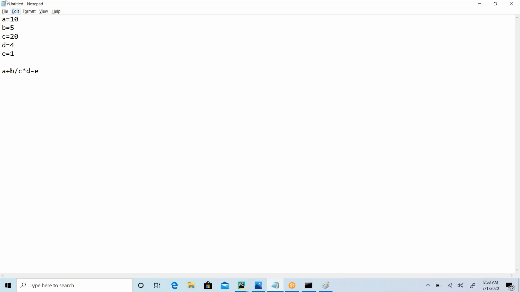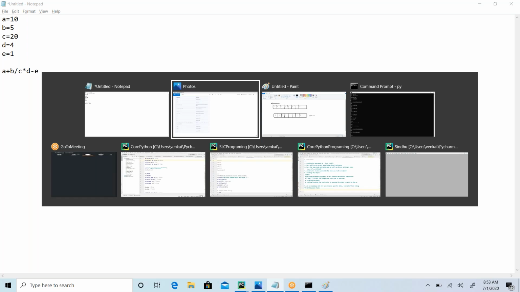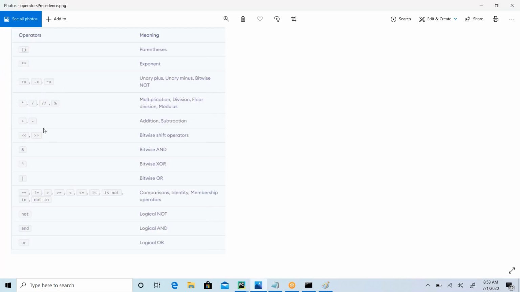All right, that is where we get confused. First, do I need to apply this subtraction, or this star, or this division, or this plus? How is the calculation going to be done? That is where this is going to help us.